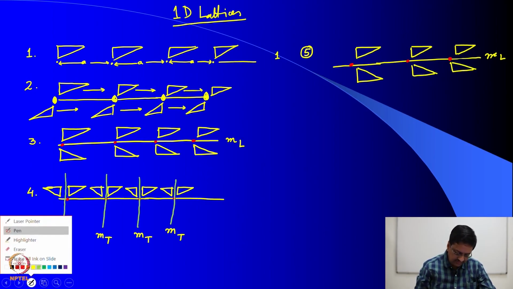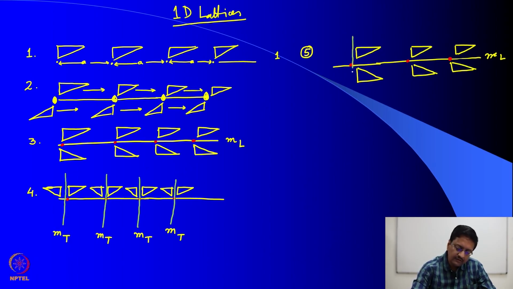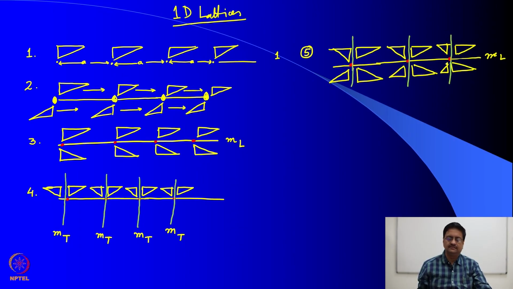Then if you apply the corresponding transverse mirror, just like before, it would generate the other set of objects. Like this. So you have both longitudinal and transverse mirrors in this case.